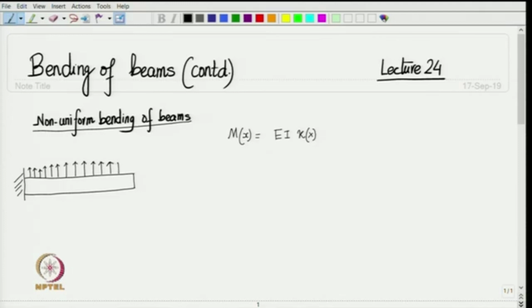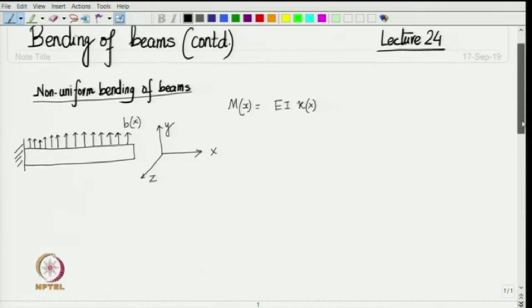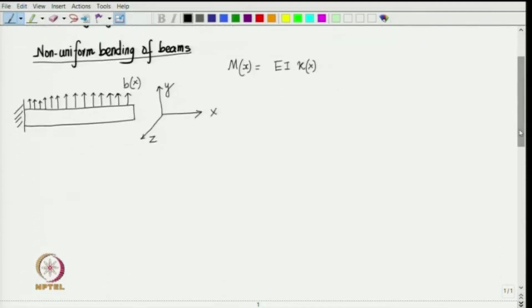Let us call it B of x, and here is my x axis, then we have the y axis, and coming out of the paper is the z axis. The distributed load is acting in the positive y direction.